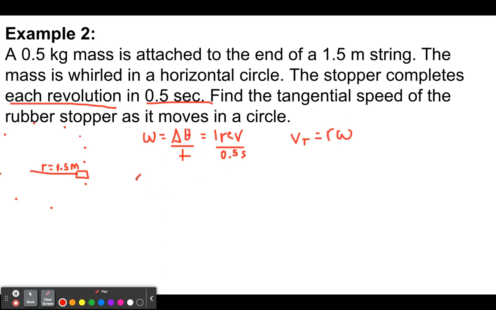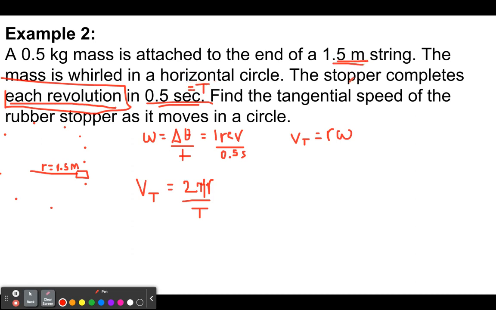To shake it up, we'll use the other equation for tangential velocity, just so that we can see both applications. So we're going to use the version of tangential velocity in terms of the circumference and period. Period is the time it takes the object to make 1 revolution. According to this example, 1 revolution occurs every 0.5 seconds. So that value gives us our period T.